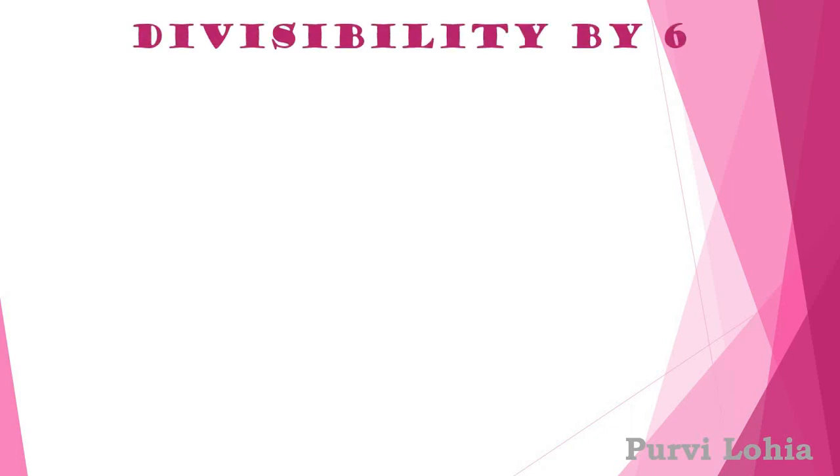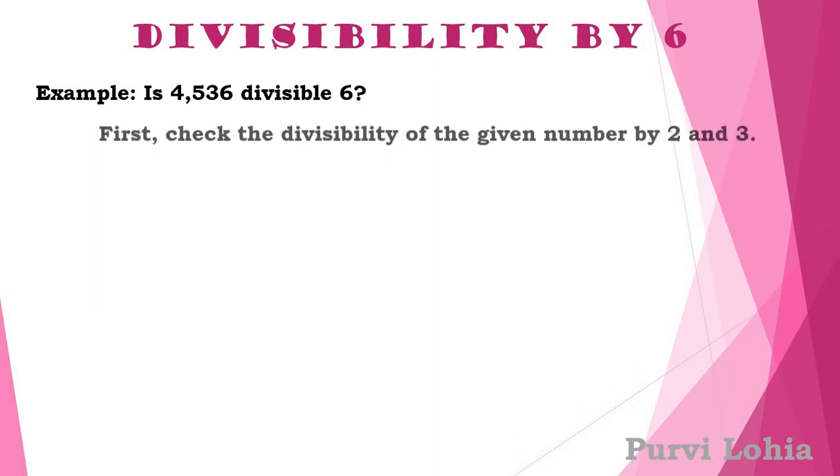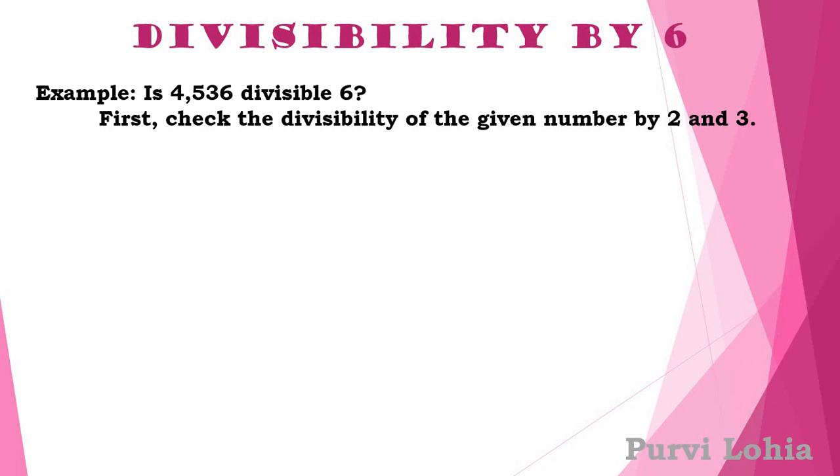Next, divisibility by 6. Is 4,536 divisible by 6? Now what you do, you check the divisibility of this number by 2 and 3. So is 4,536 divisible by 2? Yes, it is, because it is an even number. Is it divisible by 3?